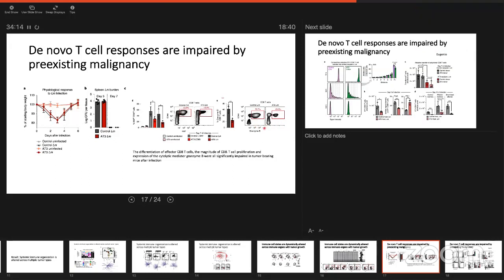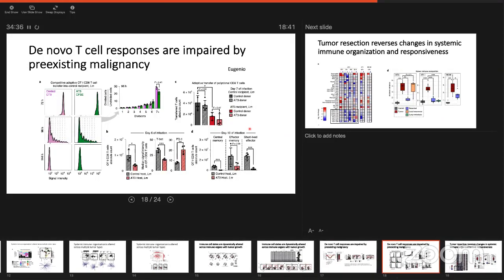Yes, I would like to hear Brina or Camille's point of view, because this next figure and this one I found really interesting. You found that you have less effector functions, but at the end you have the same control of the bacteria. When we look at the bacterial burden, it's the same. It doesn't matter if you have the tumor or not.